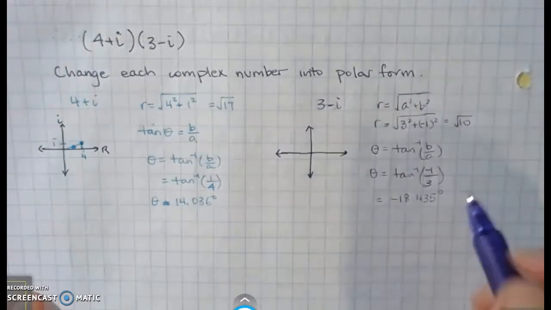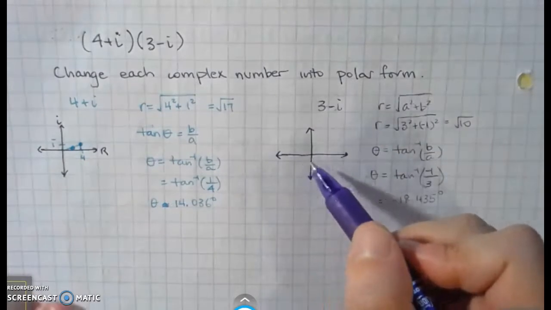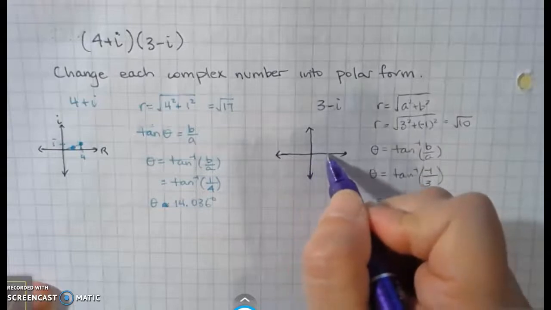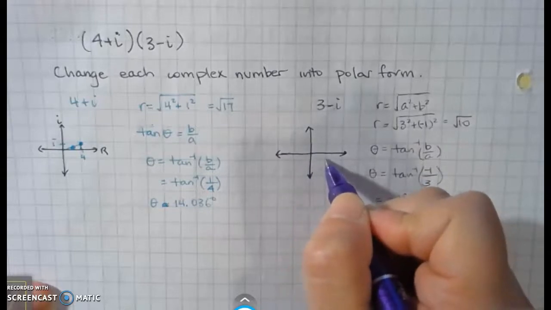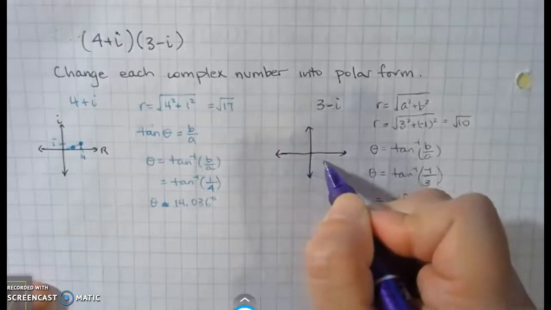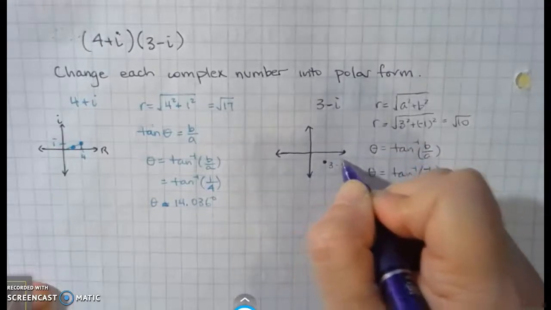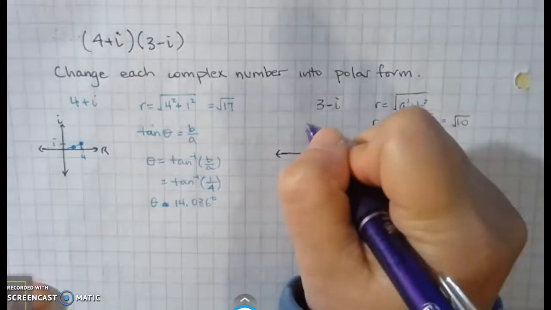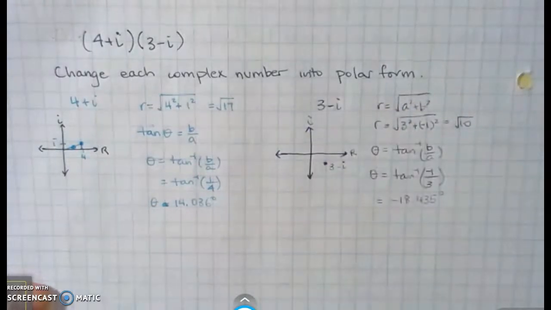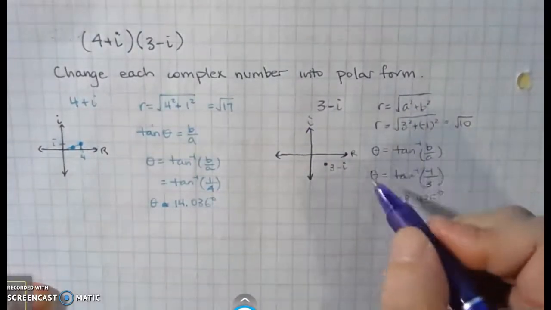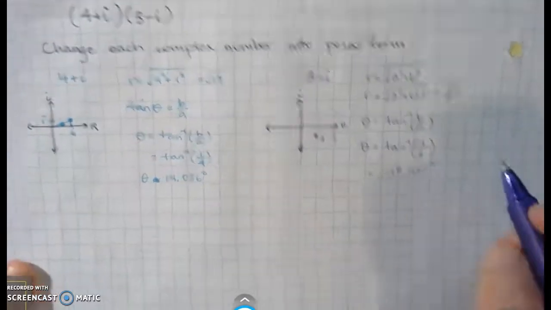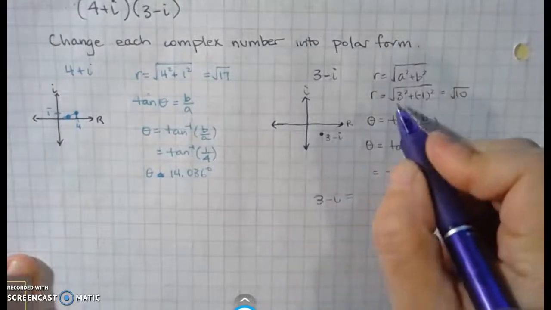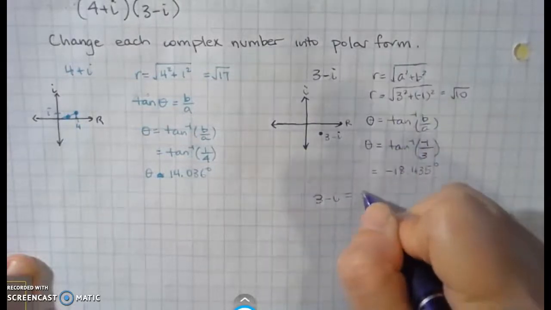And the calculator is going to give me negative 18.435 degrees. Okay, but if I plotted this, and I should have done so before I started, 3 minus 1 is actually down here. So this is 3 minus i, and again, this is my real axis, and this is my imaginary axis. So now that means that 3 minus i can be written as r is square root of 10.